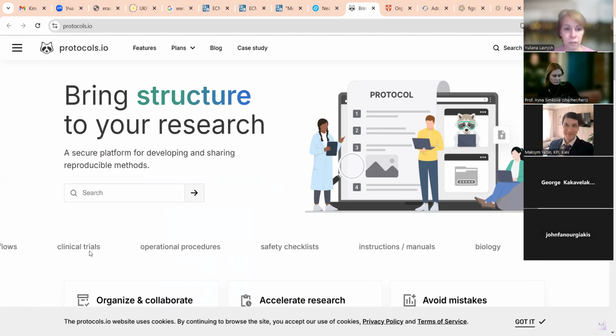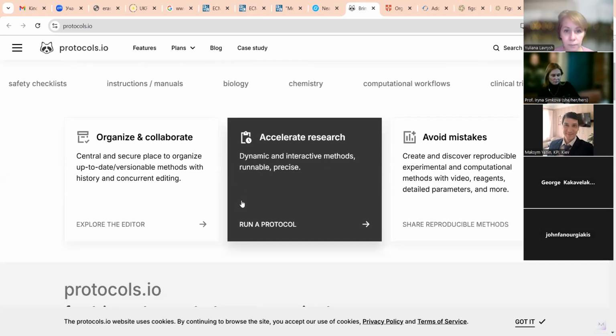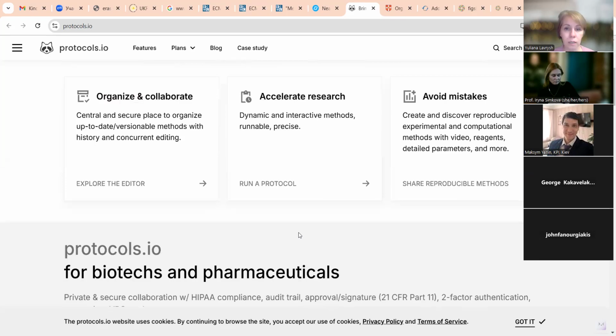And you see here is this running line. So there are a lot of types of these protocols. It can be clinical trials, operational procedures, safety checklists, just manuals, and according to different fields of science, biology, chemistry, whatever you want. And often people collaborate and find each other for great funding and projects exactly on this platform when they read someone's protocol and they think, yeah, it's interesting.